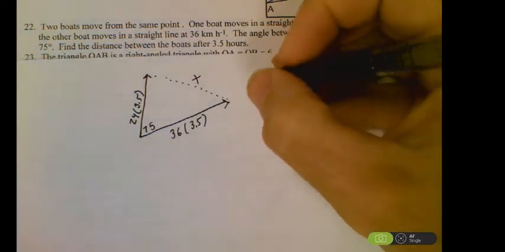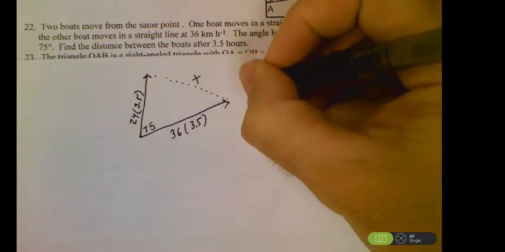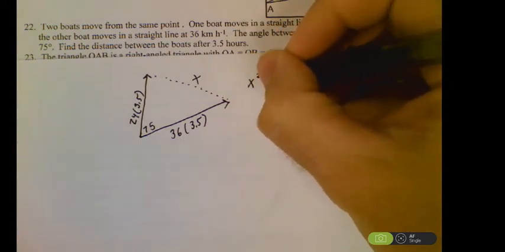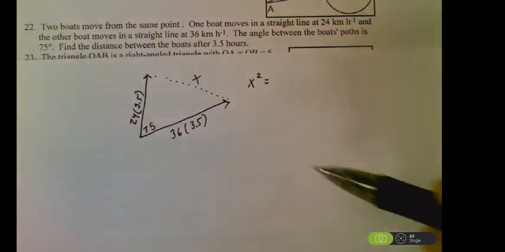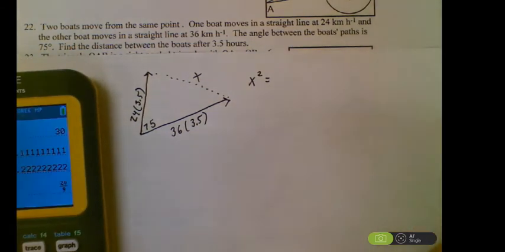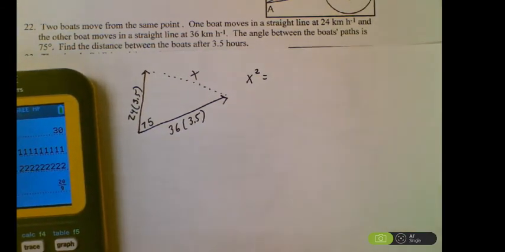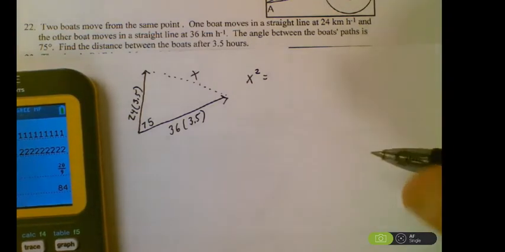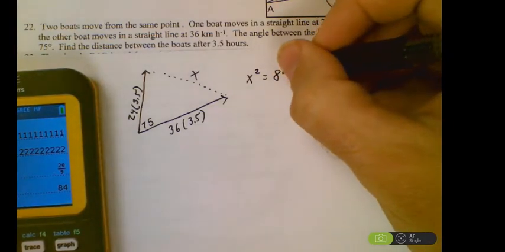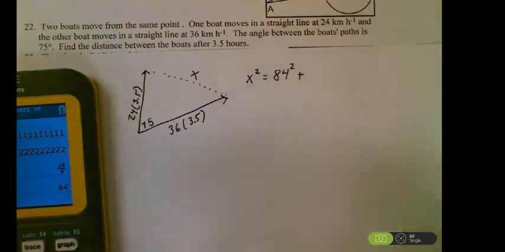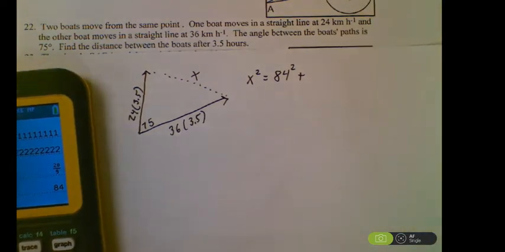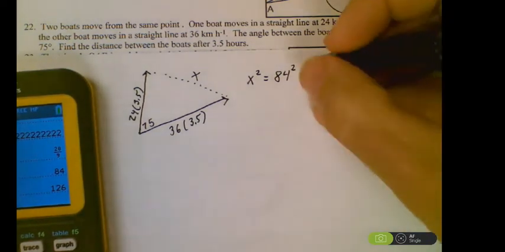So you got your x squared. So a squared, let me get some real numbers for those. Instead of the way it's written right now, I got 24 times 3.5. So that's really a length of 84. And on the other one, 36 times 3.5 is a length of 126.